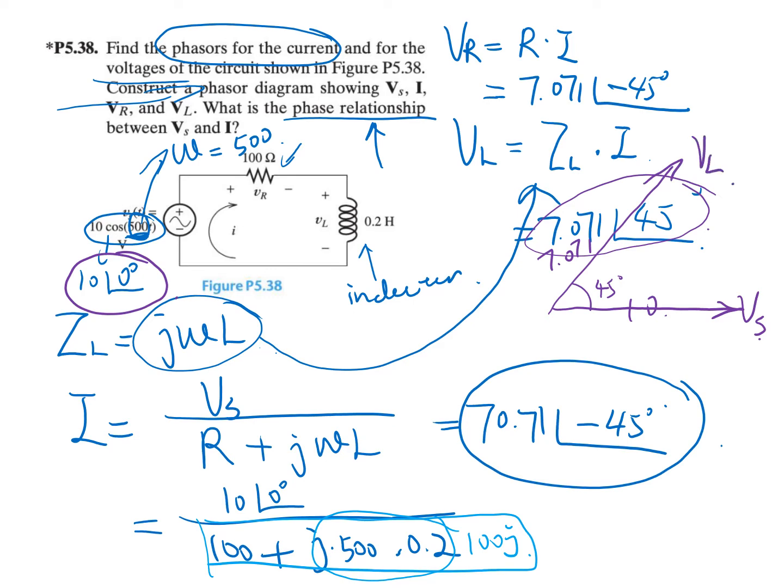Lastly, let's draw I. I has an angle of negative 45 degrees, so we go in the clockwise direction for 45 degrees, and this is negative 45 degrees.